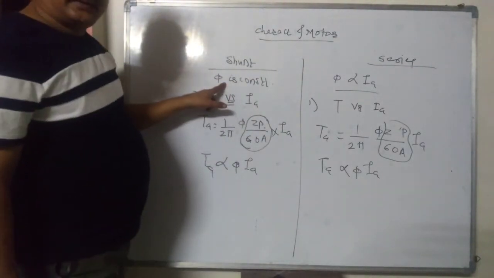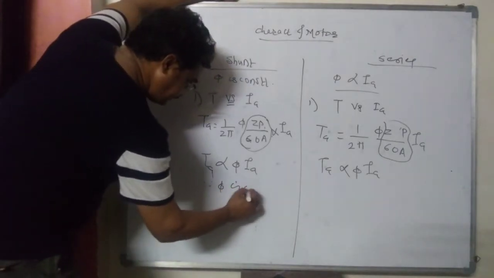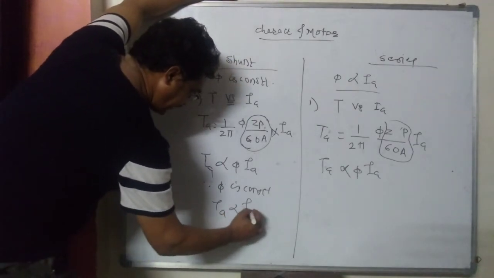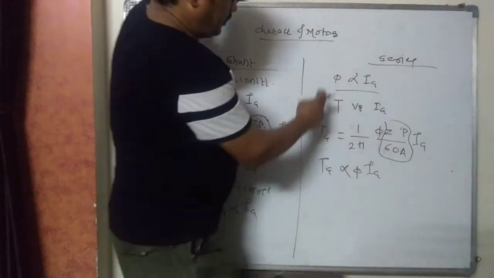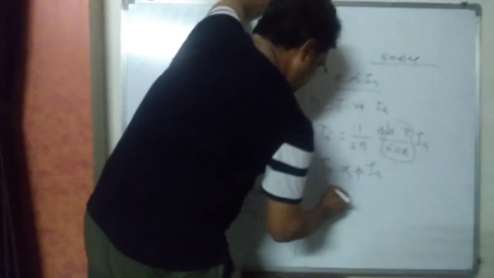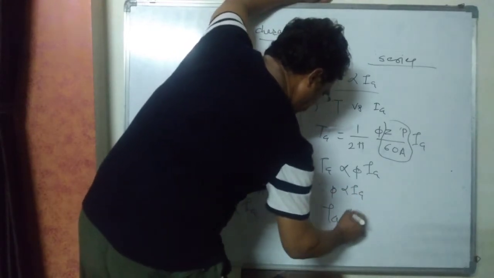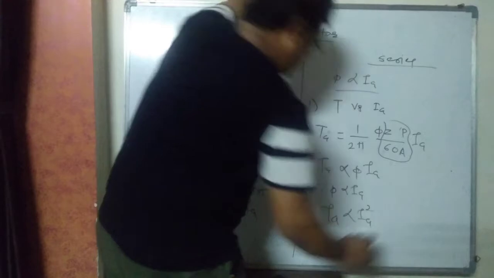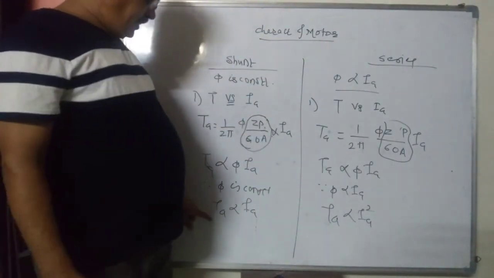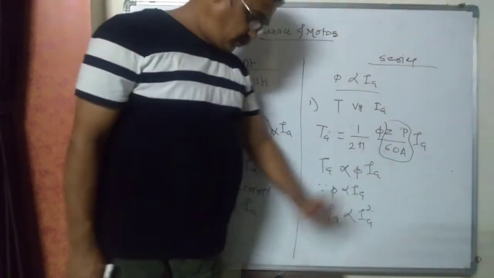Now in shunt motor phi is constant, so Ta is proportional to Ia. In series motor phi is proportional to Ia, so Ta will be proportional to Ia square.